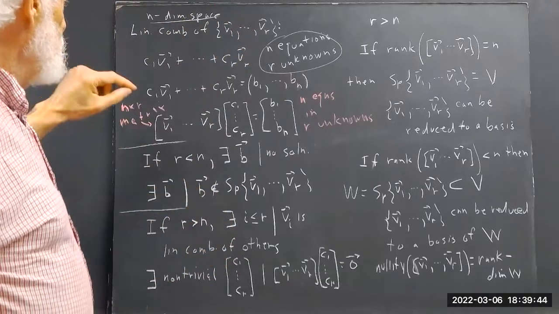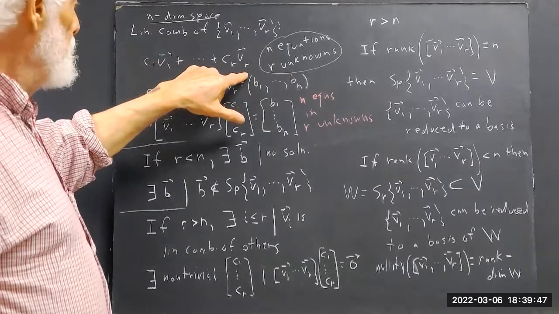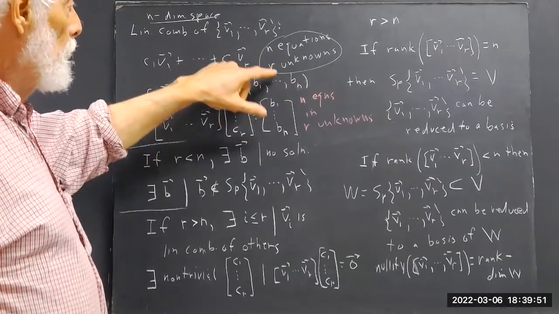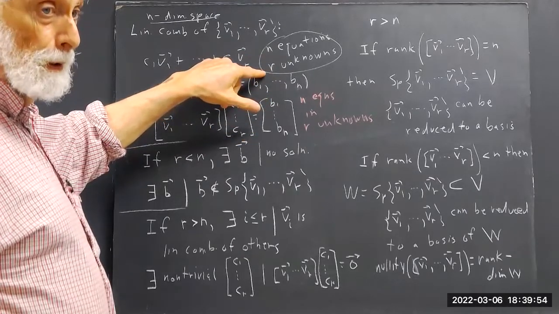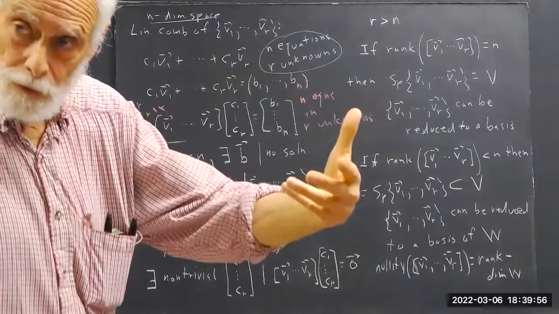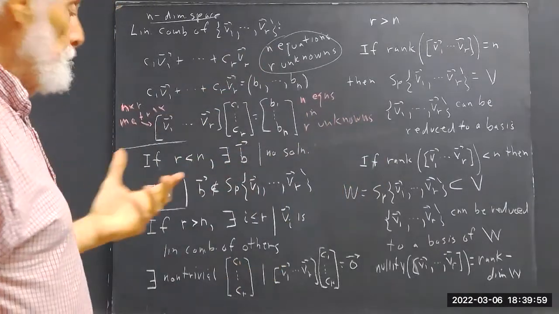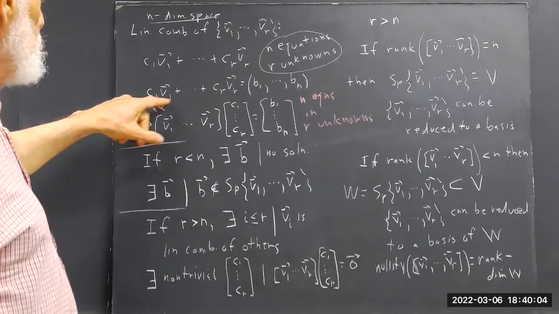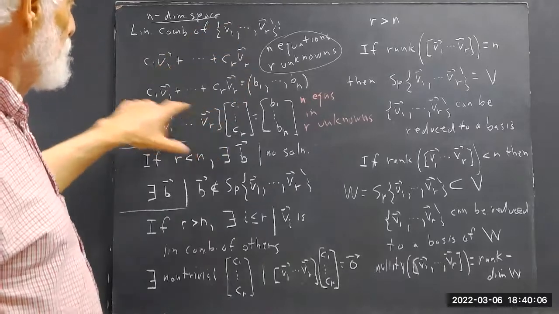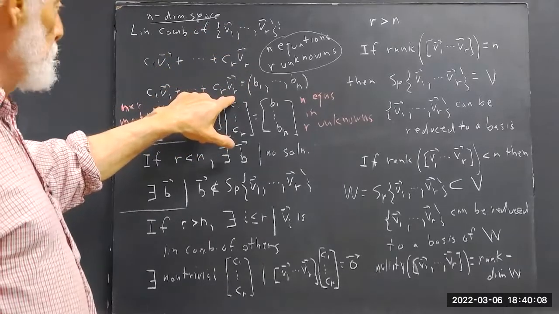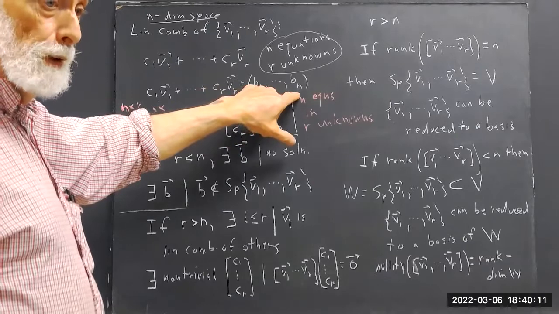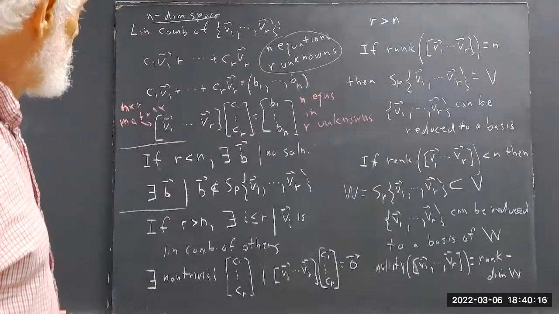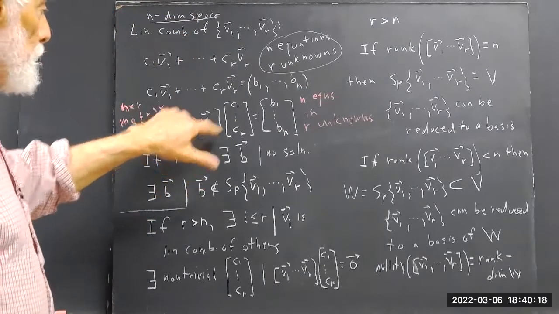So this would then be equivalent to n equations in R unknowns, where R might be more than n, might be less than n, might be equal to n, in terms of what I just said about systems of equations. So the equation C1 V1 and so on, the linear combination of your vectors V equal to some vector in your n-dimensional space, it's going to be expressed by this equation.